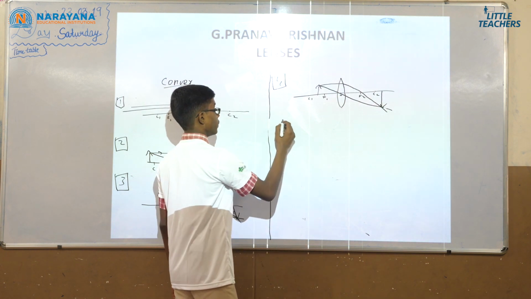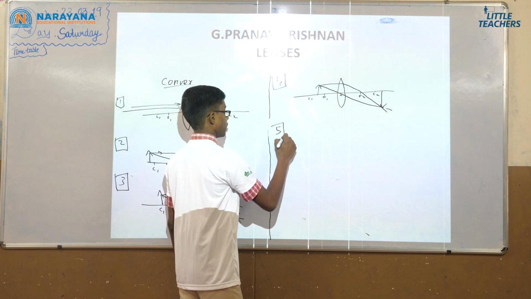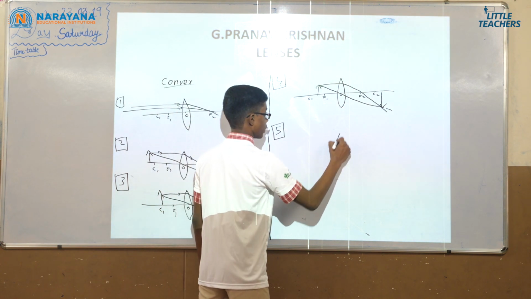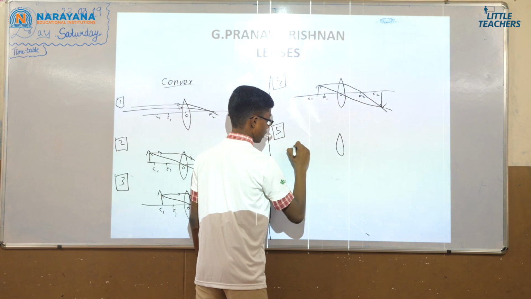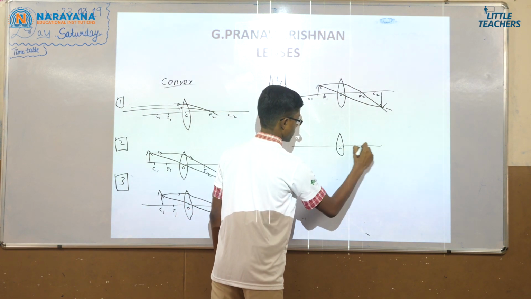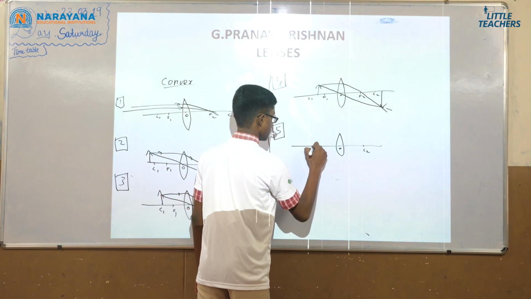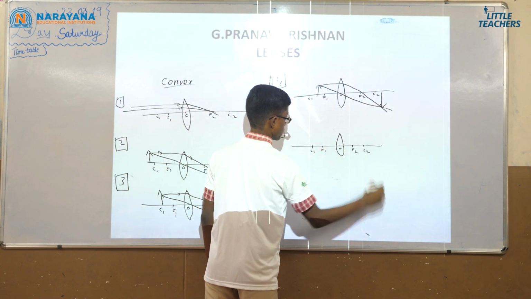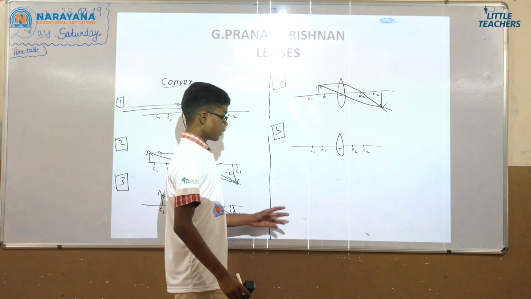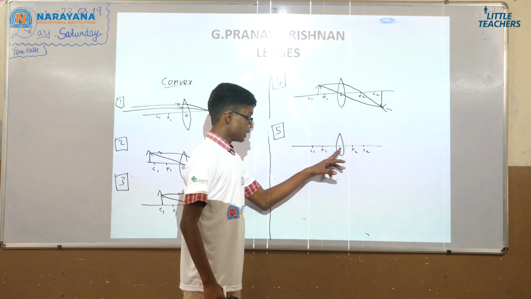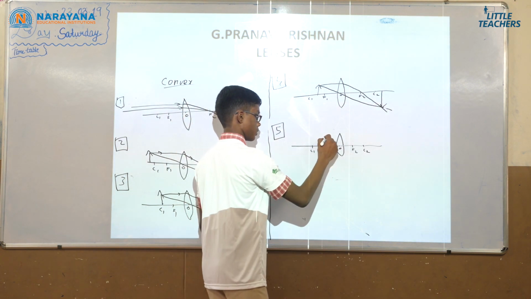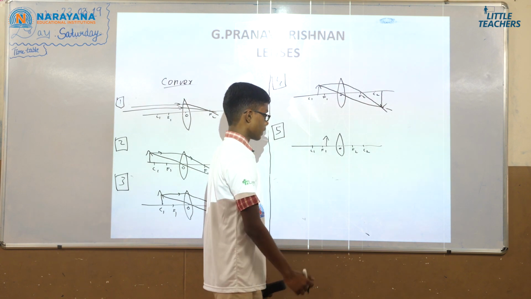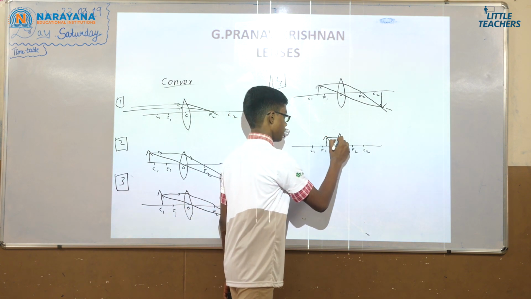Now let's go to the final type of image. Take a convex lens again. Principal axis, optical center, C2, C1, and as followed before, we will take other things. Now consider the object is between the optical center and the focus, like this. A parallel ray is emitted.